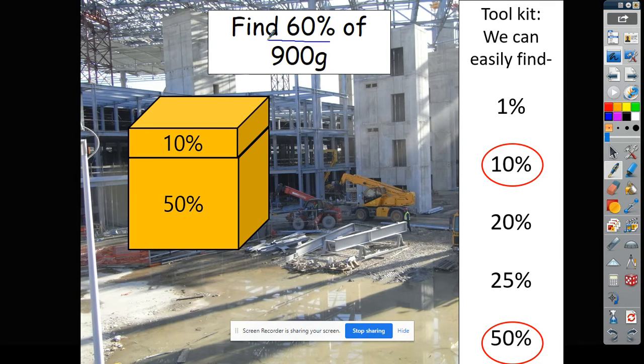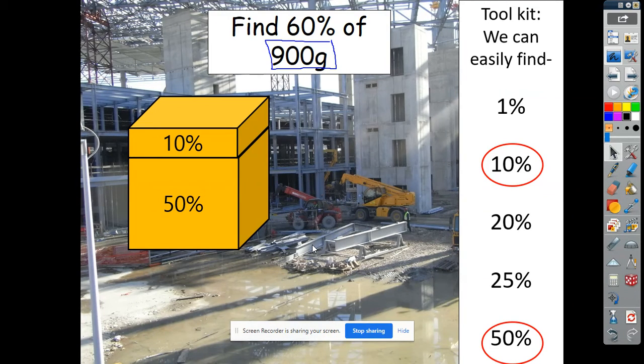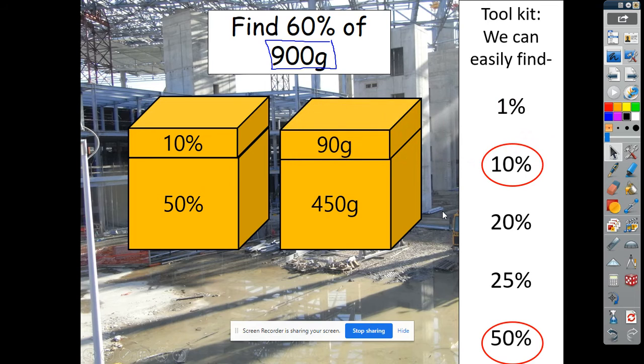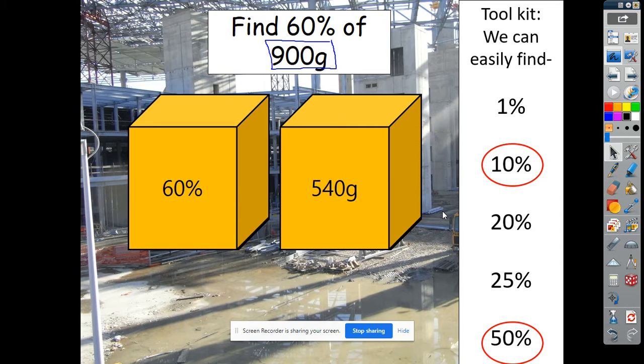So let's look at half of 900, because this is what we're finding the percentage of. 50% of 900 grams is 450 grams. And then 10%, because we need to find the 10% as well, of 900 grams gives us 90 grams. So then we're just going to add those together to find out what the total amount is when we're looking at 60%, and it's 540 grams.